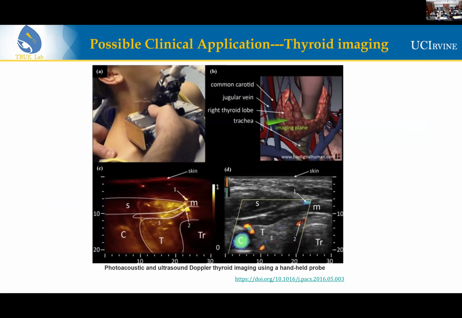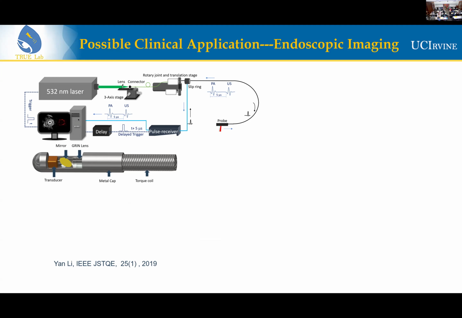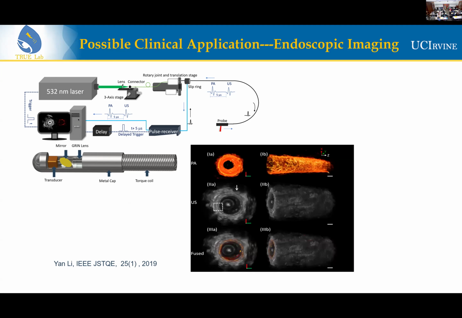Another application is building a catheter that goes inside the human body to do endoscopy. There has been research combining photoacoustic and ultrasound for cardiac application, and for other applications as well.